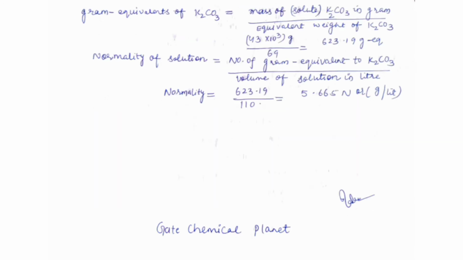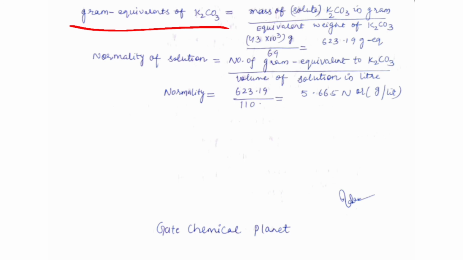Now we will calculate gram equivalent of K2CO3, which equals the mass of K2CO3 in grams divided by the equivalent weight of K2CO3. As the mass is given in kilograms, first we will convert kilograms into grams by multiplying by 10 to the power 3.